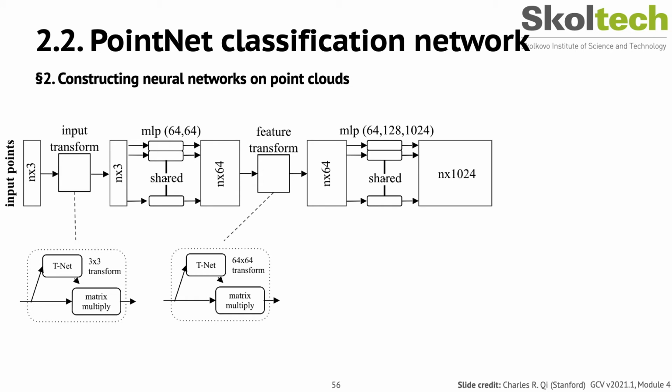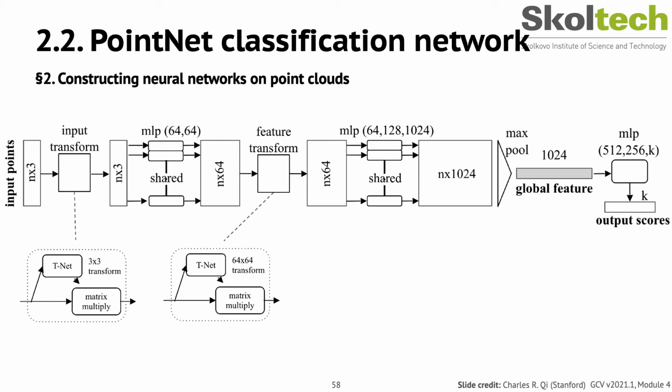Each point is again transformed into another embedding space, which is 1024-dimensional. Then a max pooling will aggregate all points in a high-dimensional embedding space to output a global feature vector.